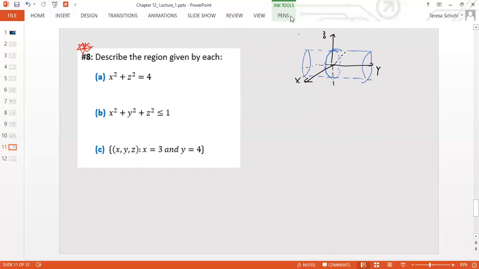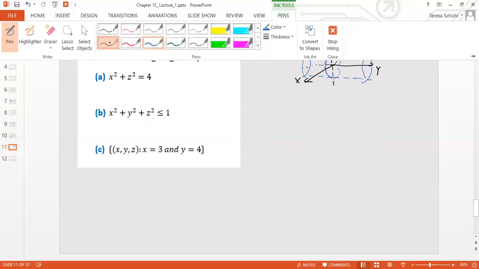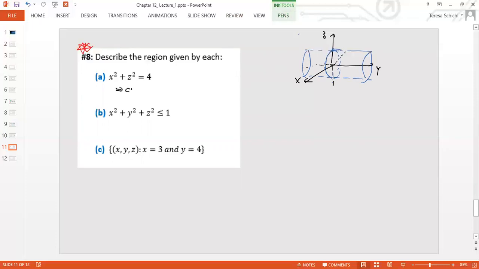So this one here is a cylinder. What is the radius? The radius is equal to 2. And it goes along which axis? It's along the y-axis, because y can be any number.